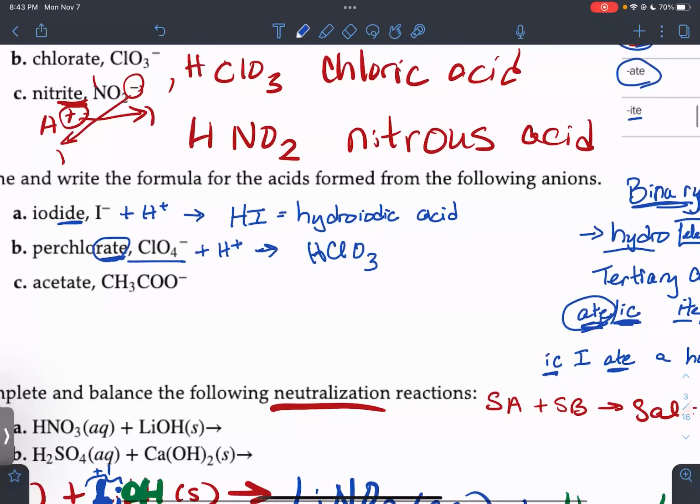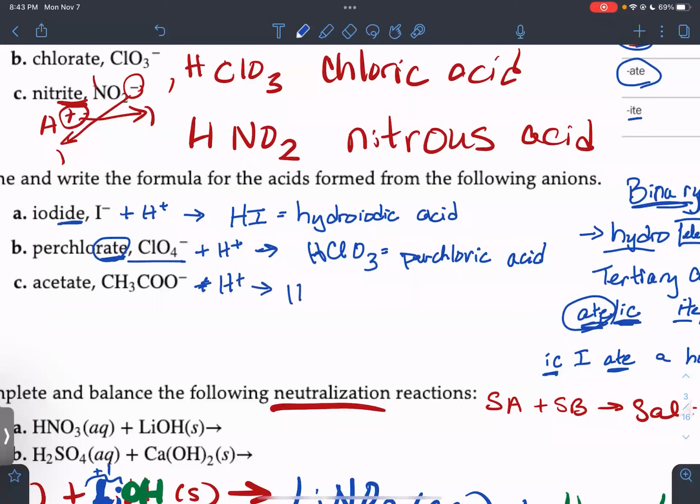So this one, if we go and look at our polyatomic ions, you'll see it's perchlorate, but we're going to write perchlor. Instead of ATE, we're going to write IC and then acid. So HClO3 is perchloric acid. The acetate ion, we're going to add H plus to it.